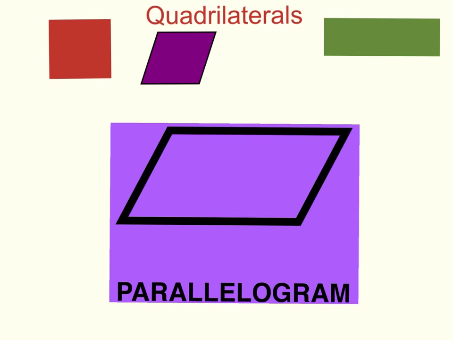But what makes it a little different from the rhombus is that it has two pairs of equal length sides. There's a pair of equal length sides and there's a pair of equal length sides. So the opposite sides are equal. And if you remember, on our rhombus, all the sides are equal.